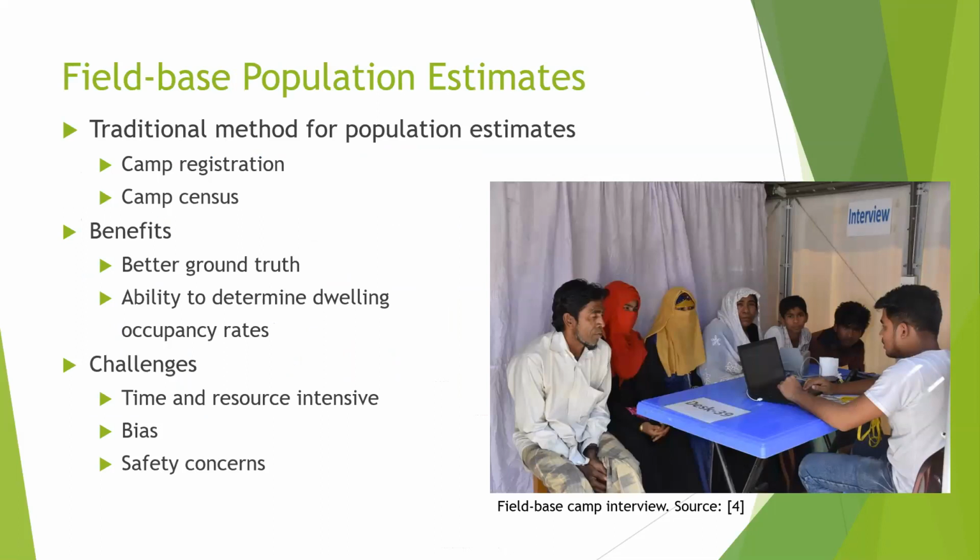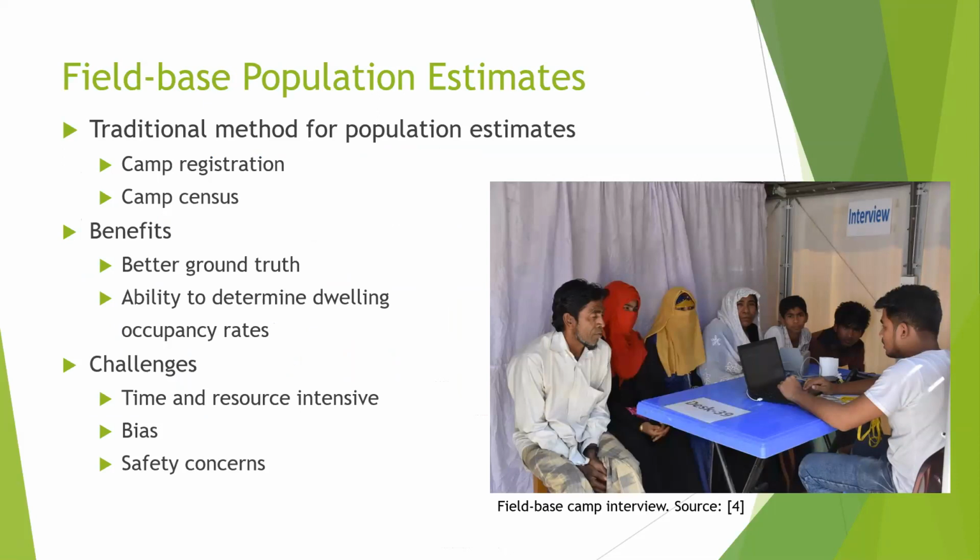The traditional method to derive population estimates is field-based methods. These could be derived from camp registration processes as well as camp censuses, which can either include the whole camp or just a partial census to create these population estimates. Some of the benefits of field-based approaches are that they provide better ground truth.